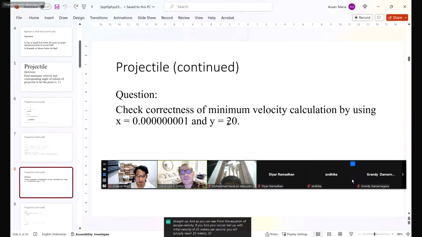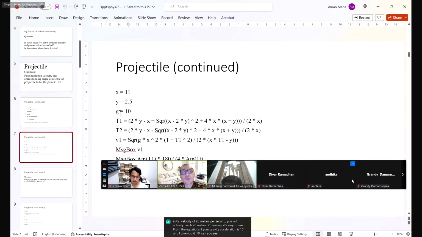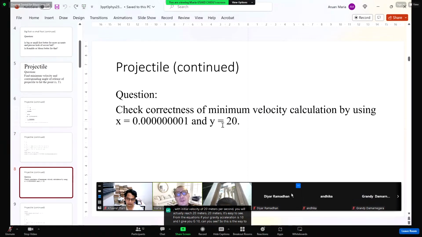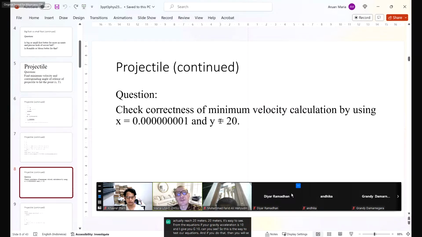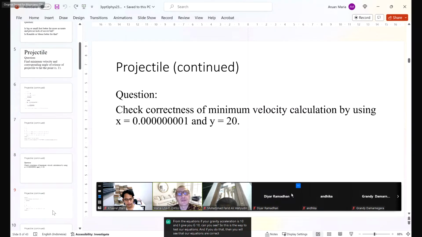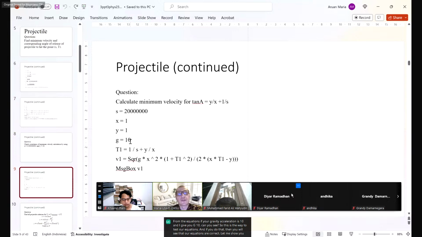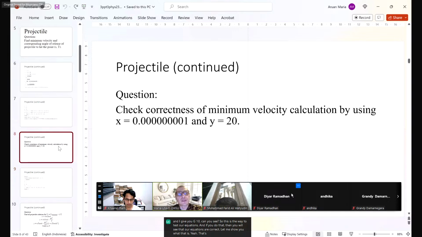It's easy to see from the equations, if your gravity acceleration is 10 and I give you g equals 10. So this is the way to test our equations. And if you do that, then you will see that our equations are correct. Let me show you what that is. That's another test, to check correctness of our minimum velocity equation.